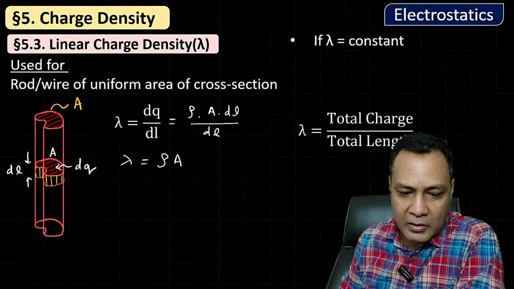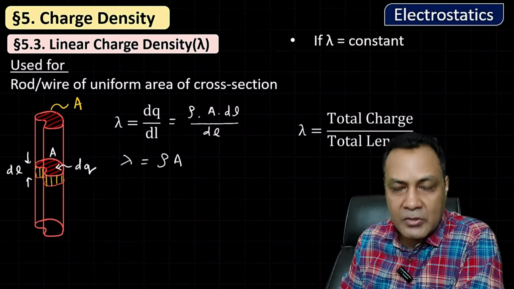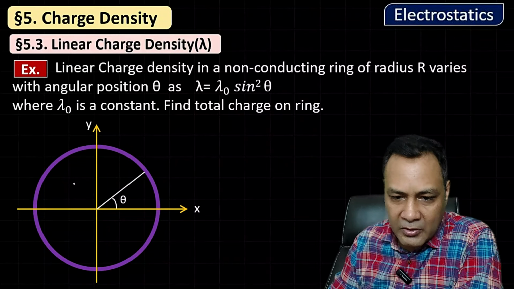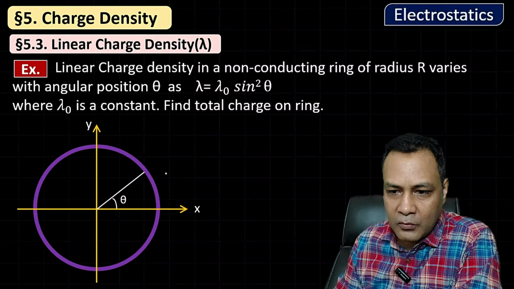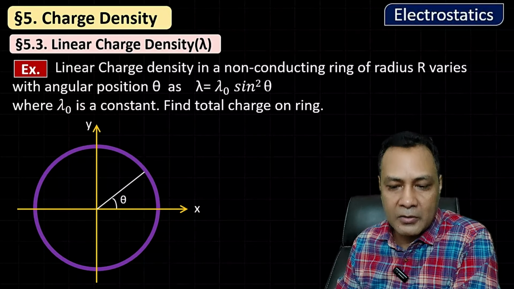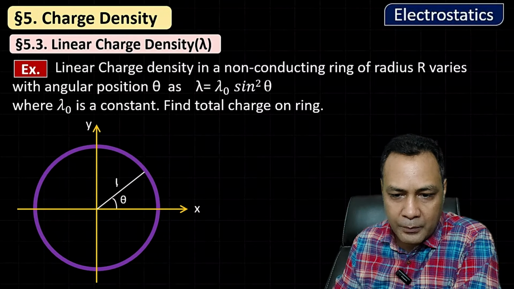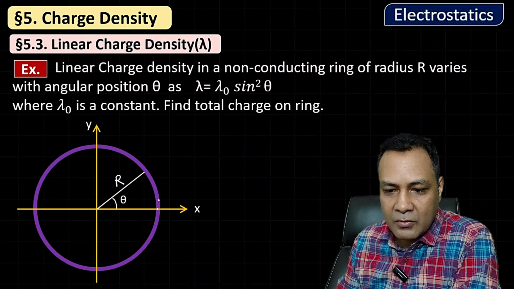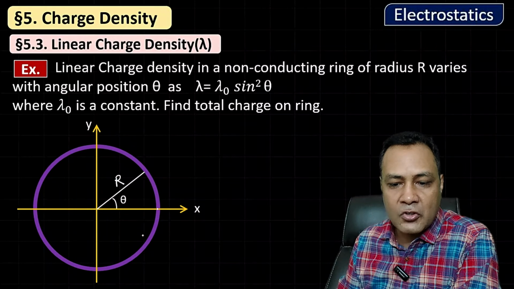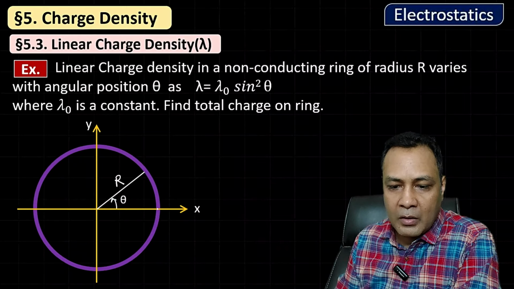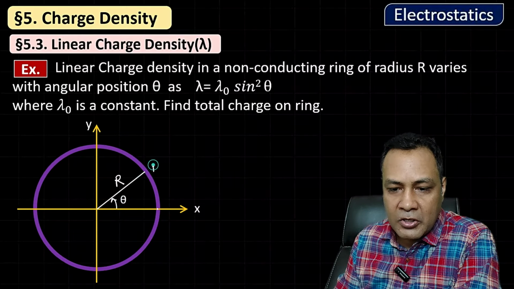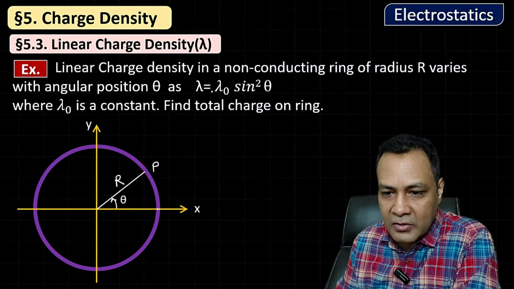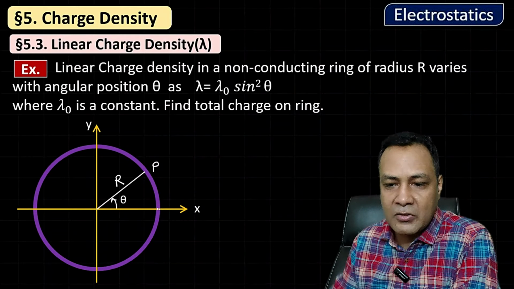Okay, and we can take one example on the linear charge density also. This is a ring of non-conducting charge, of radius r, and this is a reference line, the x-axis, from where I can measure an angular position. At angular position theta from this reference line, the linear charge density varies with theta as lambda naught sine square theta.